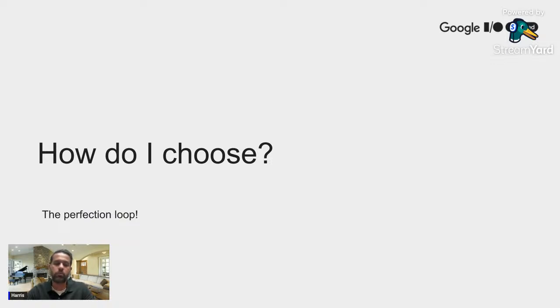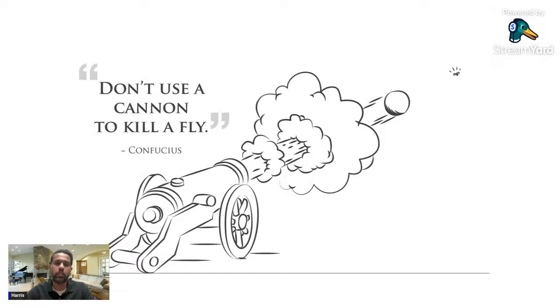Us as engineers, a common problem that we face, or a common phenomenon that we go through, is the perfection loop. We try to build things better and better and better every time. And as a result of that, one of the common challenges that we usually face is that we try to overcomplicate things sometimes. So like the quote says, don't use a cannon to kill a fly.